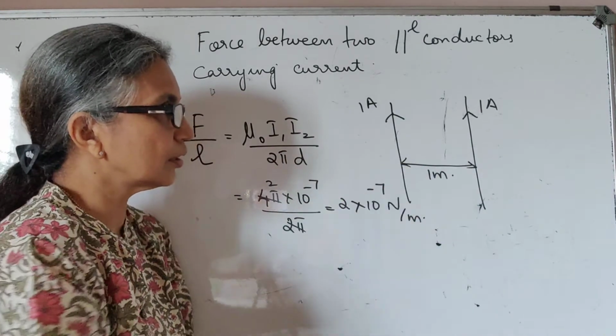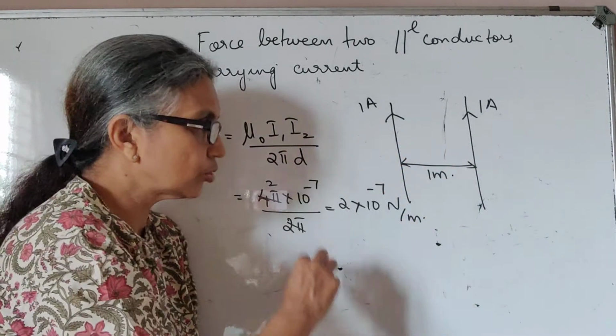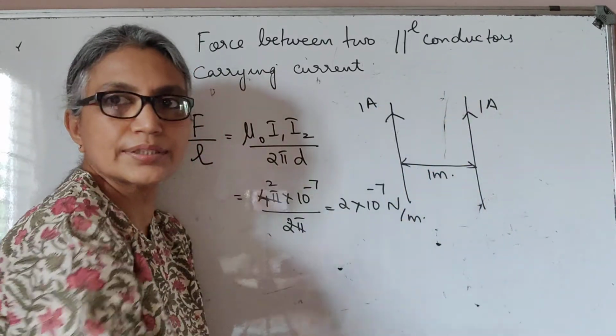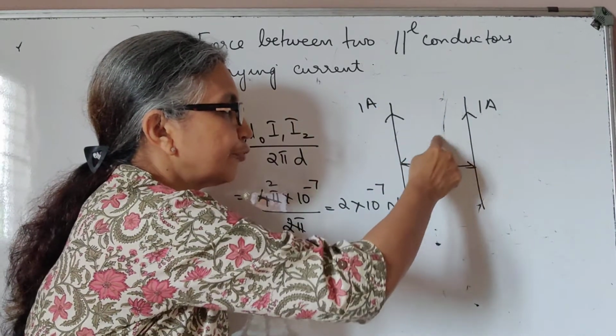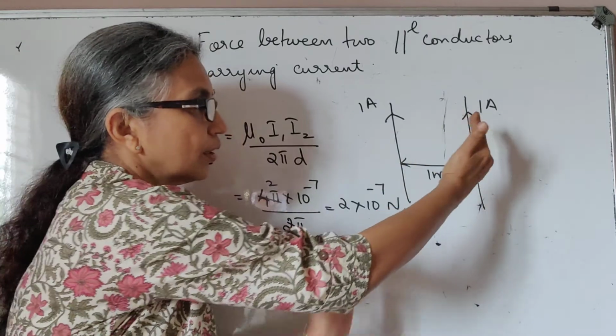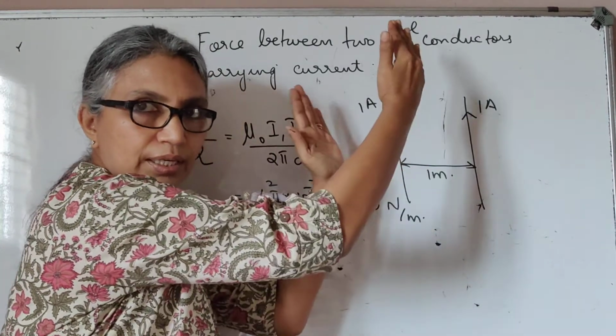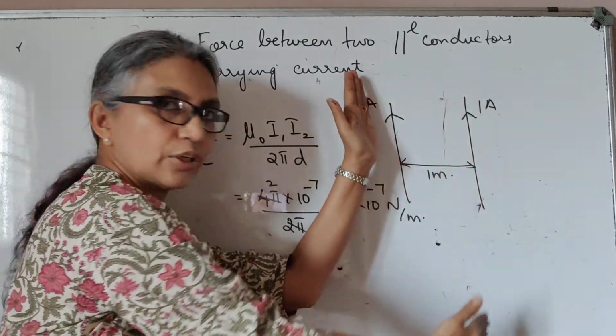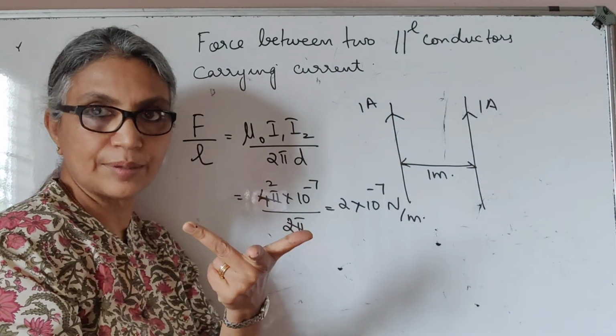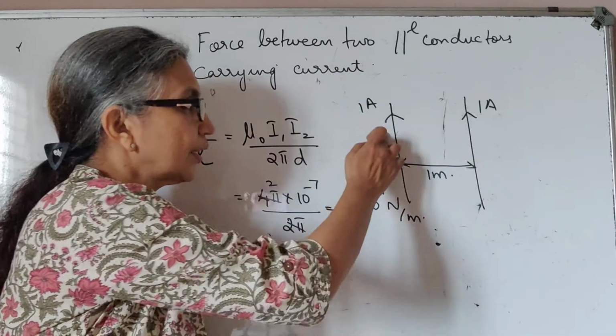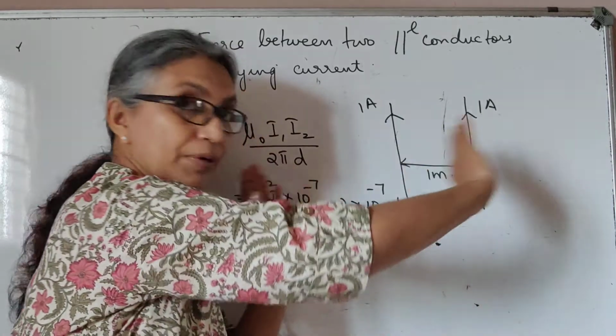Let me explain that attraction or repulsion. You just saw that when the two currents are in the same direction, F1 and F2 were like this. So there is an attraction when they are in the same direction. Suppose the currents were in opposite direction, you may apply Fleming's left hand rule and you will find that F1 and F2 will be repulsive.